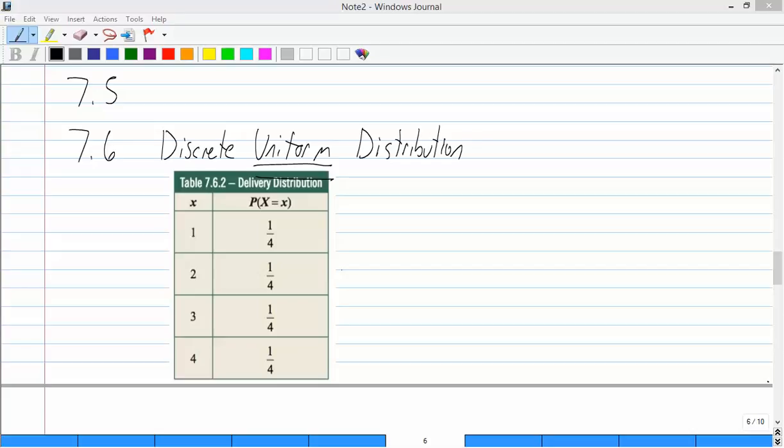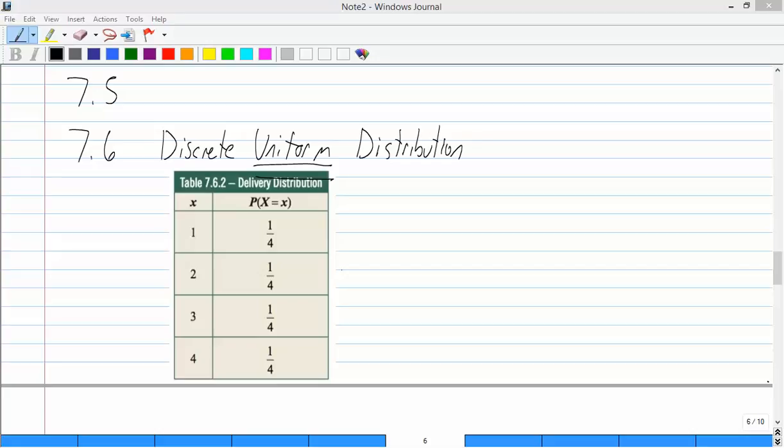Some roulette wheels have 38 slots. You could number them, whatever numbers they are. It's probably 0, 00, then 1 through 36. And for each one, you'd have a probability of 1 out of 38. So that would be a uniform probability distribution.